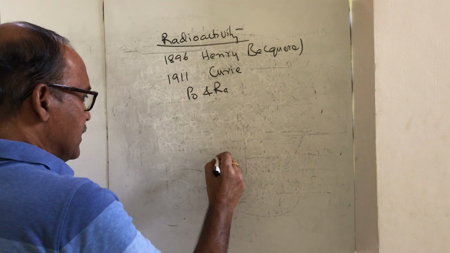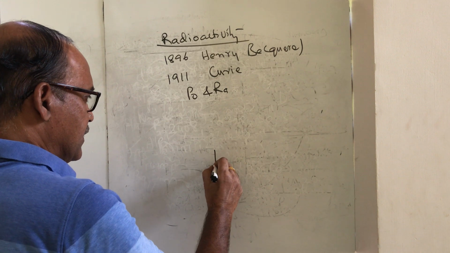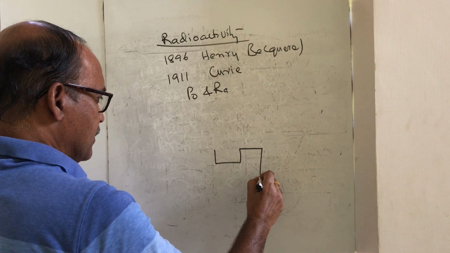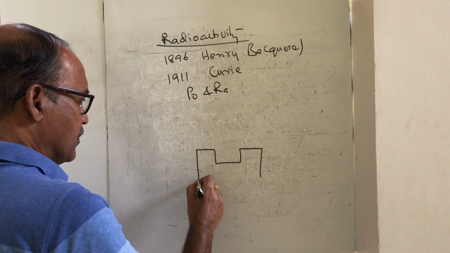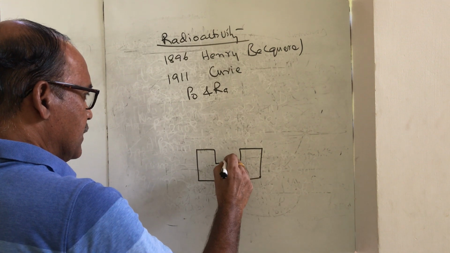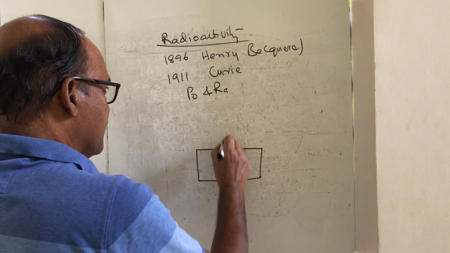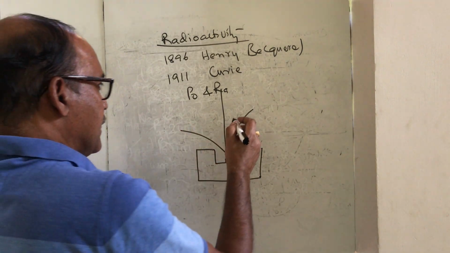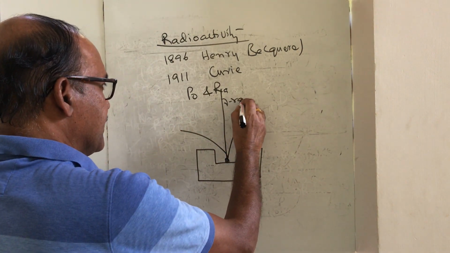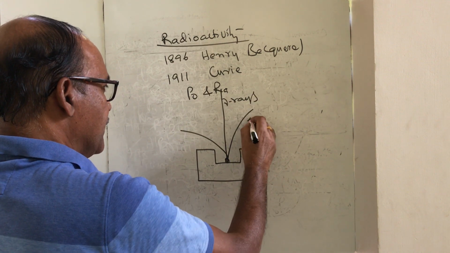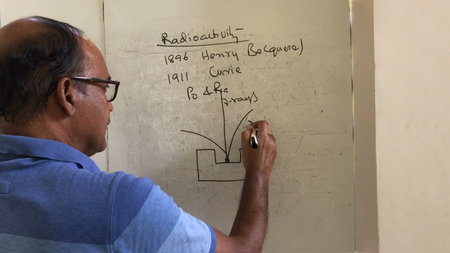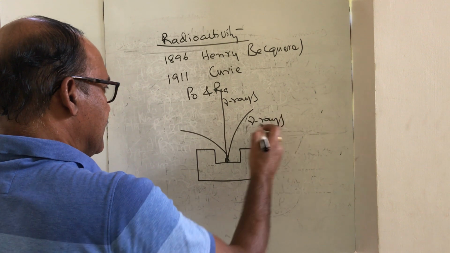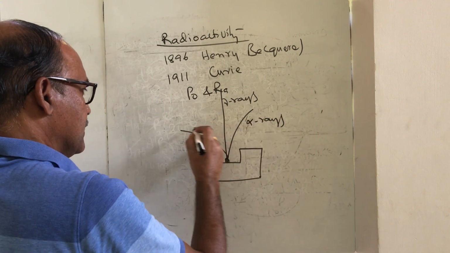Now, if you look at the radioactivity phenomenon, if the radioactive substance is taken in a wooden box and rays are emitted, these are the gamma rays, beta rays and alpha rays.